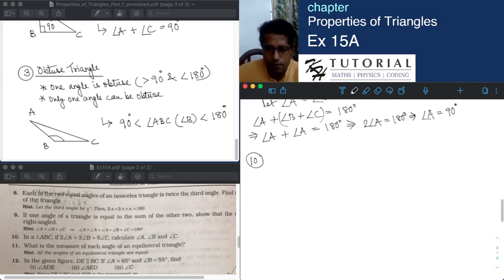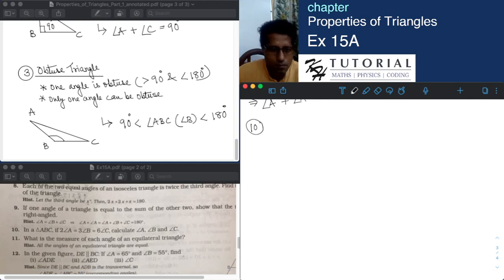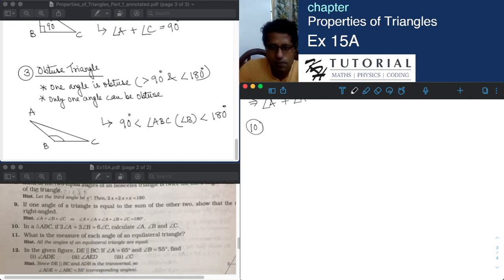Let's do problem number 10. It is given that in a triangle ABC, twice angle A is equal to thrice angle B, and this is equal to 6 times angle C. That is, twice angle A is equal to 3 times angle B is equal to 6 times angle C. So here also we will use the concept of ratio and proportion.